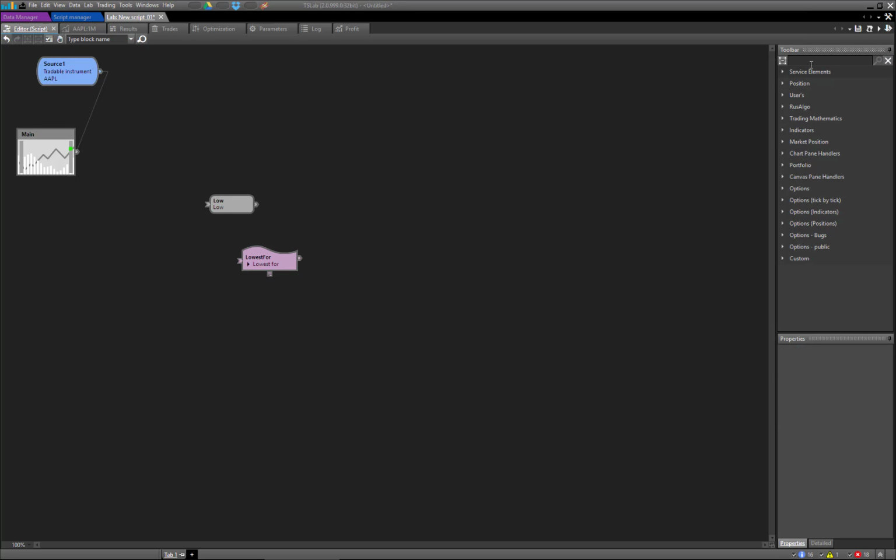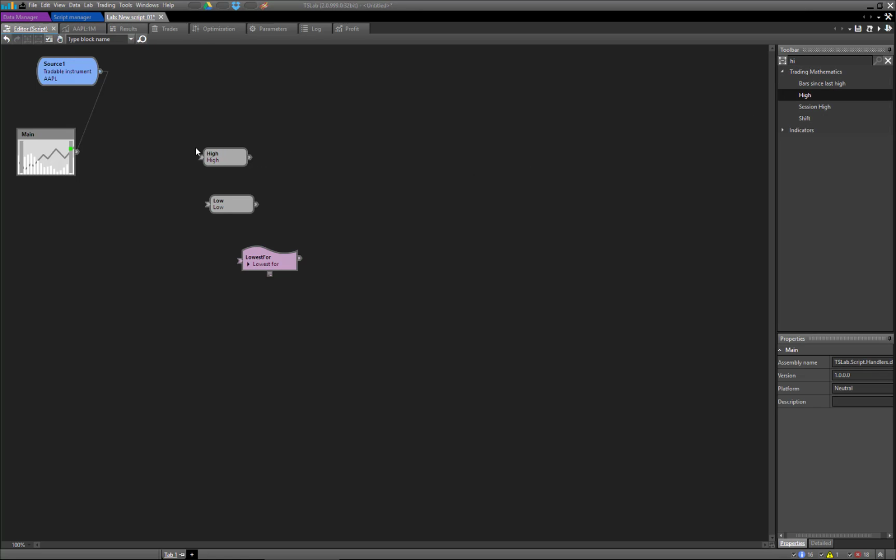When we build scripts, first of all we should understand links between blocks. The high and low blocks show the highest and the lowest levels of the candles. Let's add high and highest 4. Lowest in and the highest in indicators are not always the lowest and the highest values of the candles.